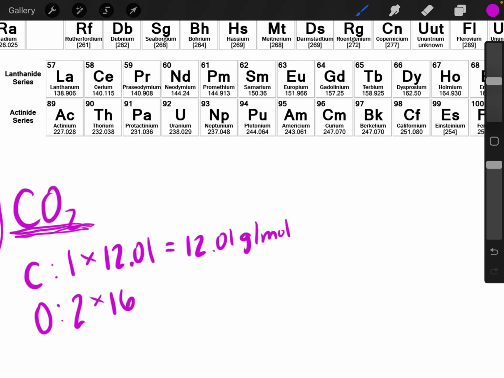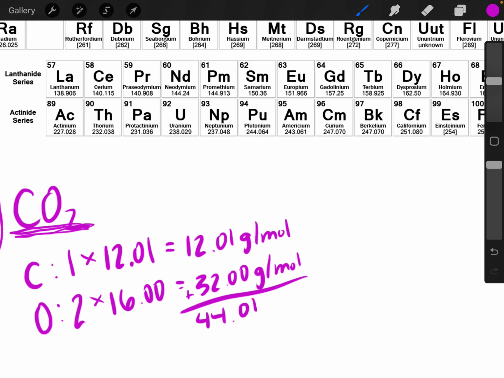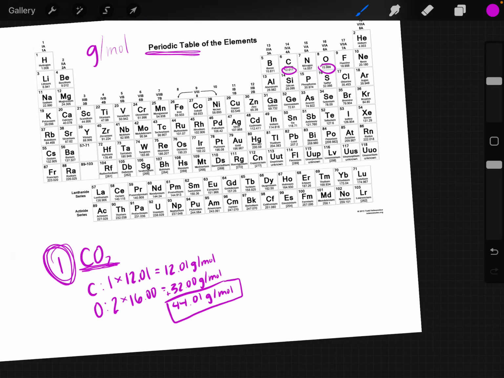I can probably just say 16.0. And because I have 2 oxygens right here in CO2, I'm going to double that, and I'm going to say 32.00 grams per mole. And then the last step is to just add them together. That becomes 44.01 grams per mole in carbon dioxide.